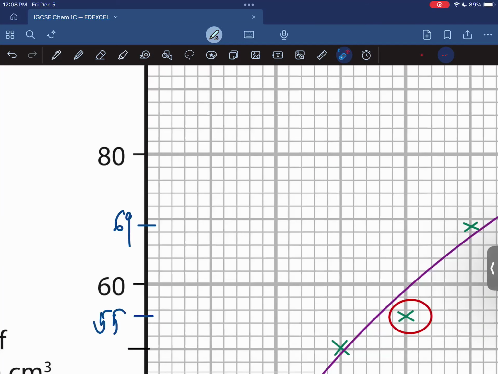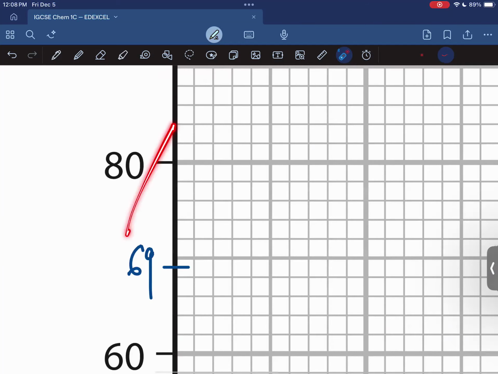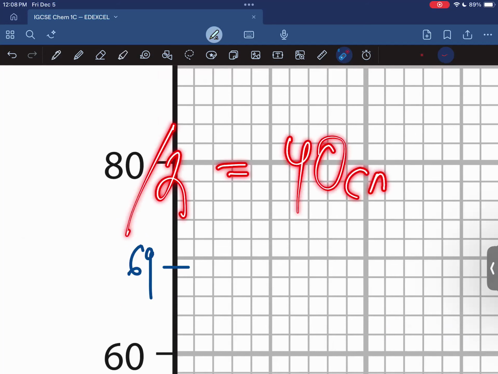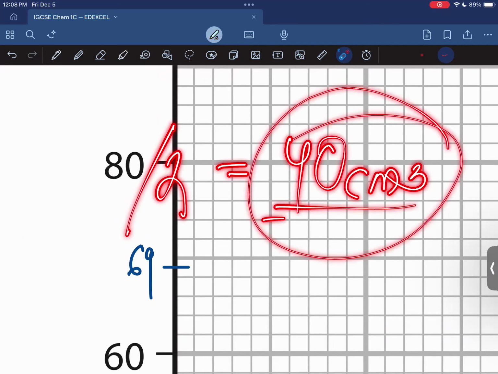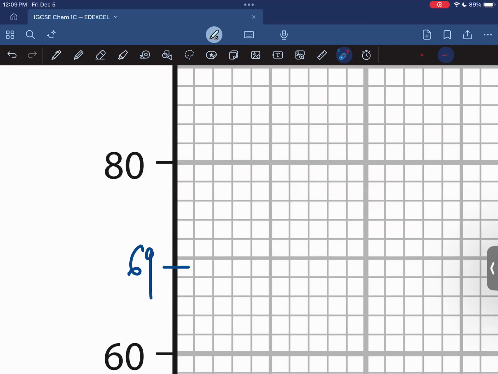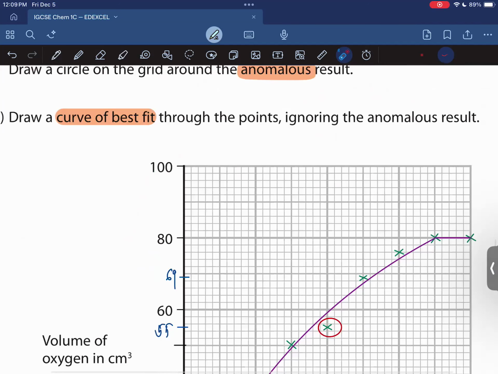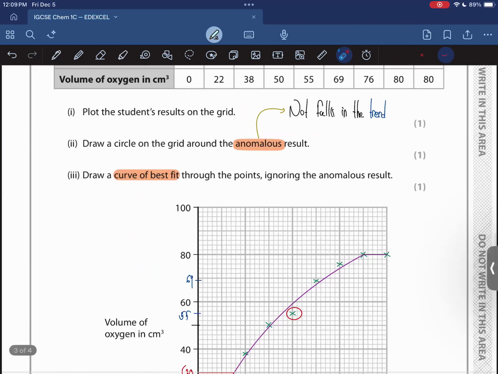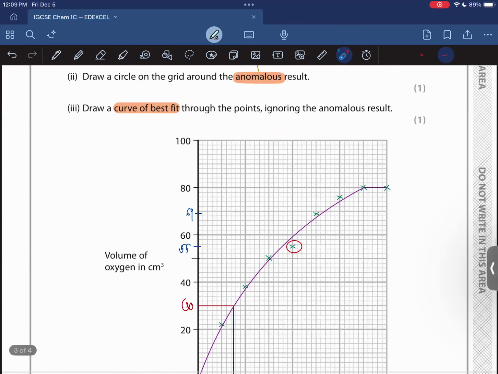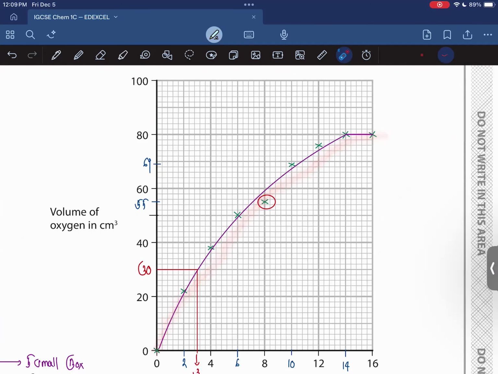So the volume of oxygen with half the concentration of hydrogen peroxide should be 40, right? With the initial concentration, the volume was 80. Now you decrease the concentration, which means that the volume should become half of that initial volume as well.